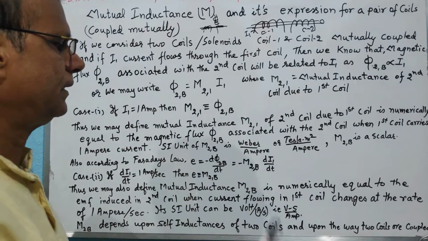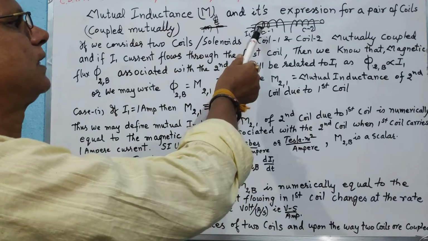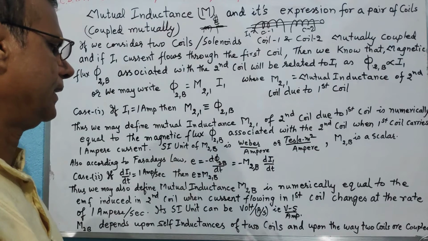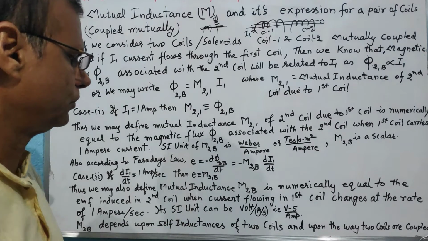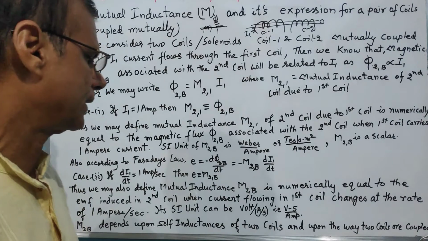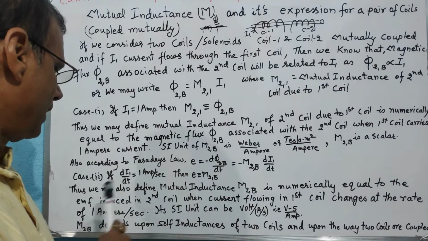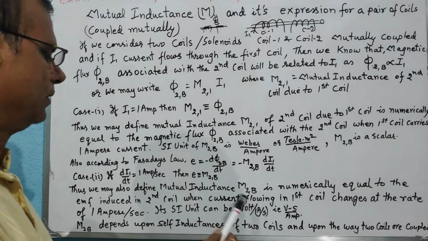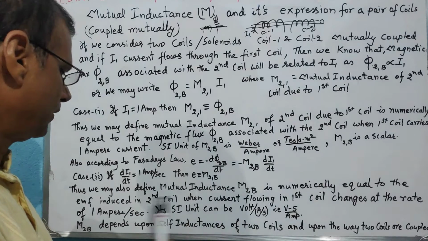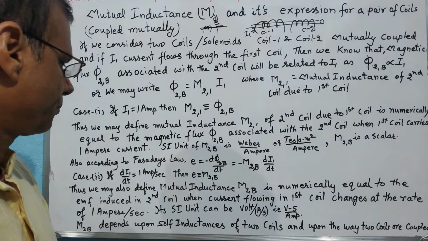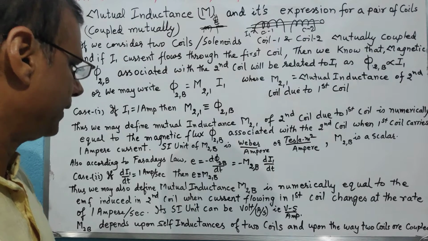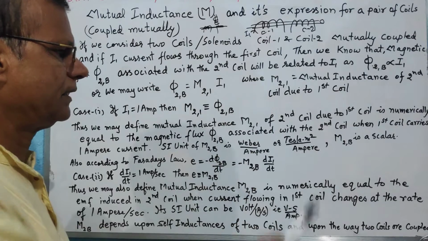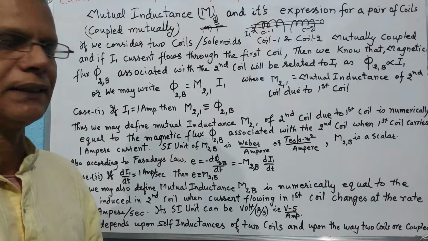Now if the rate of change of current in the first coil is taken to be 1 ampere per second, then the induced EMF is numerically equal to the mutual inductance of the second coil, and therefore we can have a new definition for mutual inductance. The mutual inductance of the second coil is numerically equal to the EMF induced in the second coil when the current flowing in the first coil changes at the rate of 1 ampere per second.